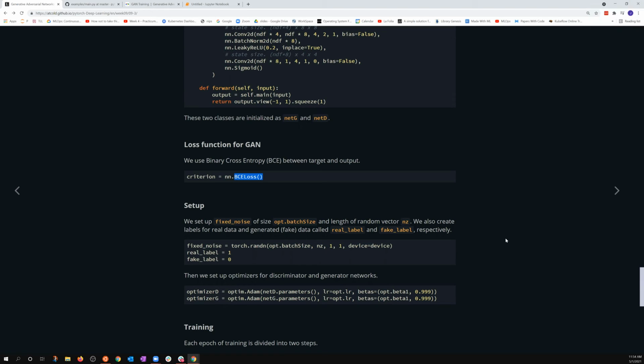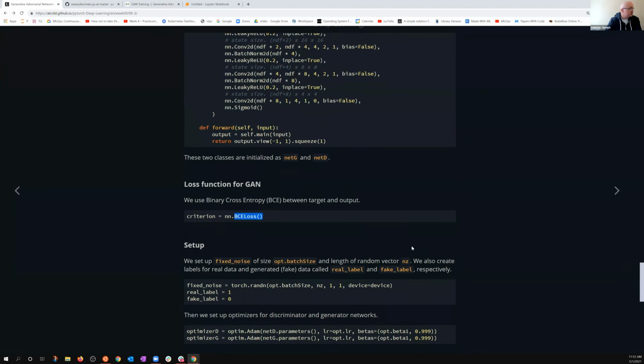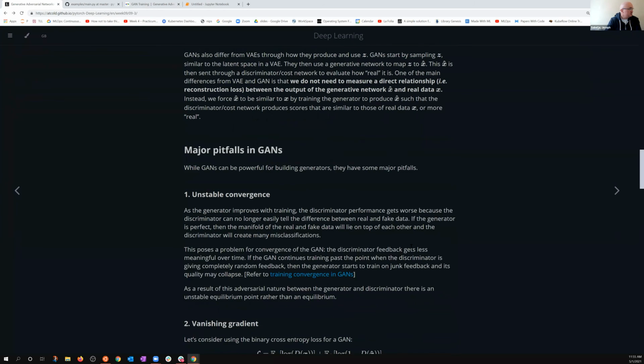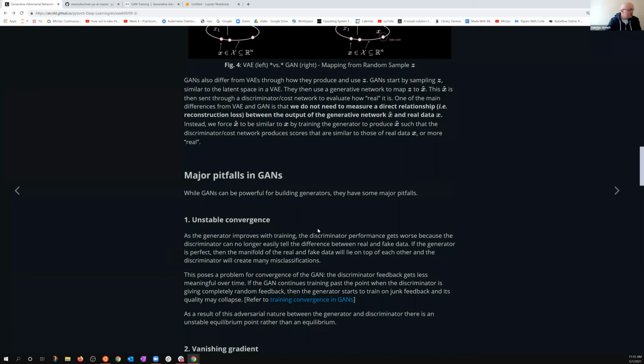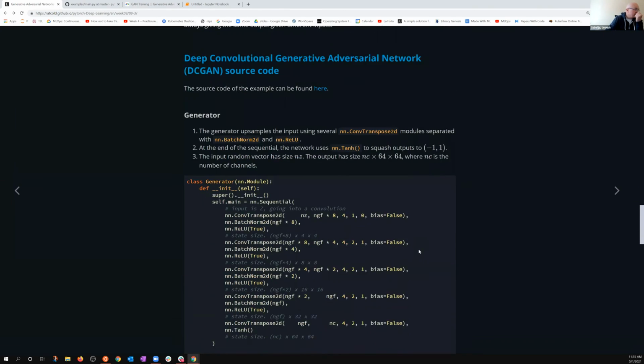I think because it's a classifier loss, and they don't like classifiers. They would prefer a continuous function in their formulation. Okay, I think this goes back to the unstable convergence problem. Okay, that makes sense.